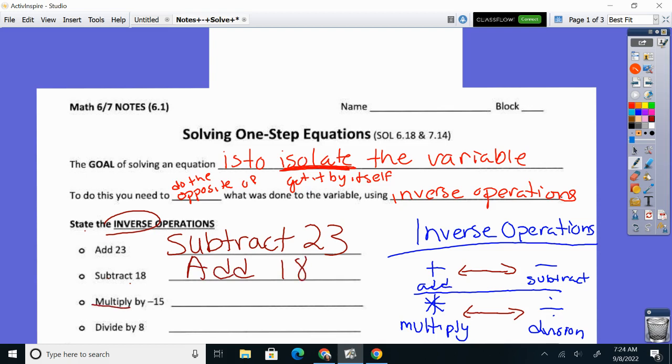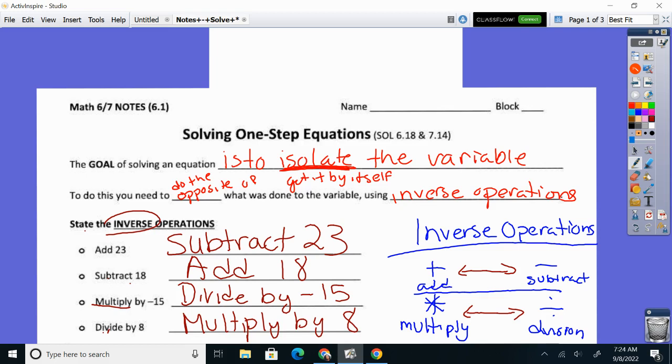The inverse of multiply by negative 15 is to divide by negative 15. Make sure you do not change the sign when you're multiplying or dividing. Okay? And inverse of dividing would be multiply by 8. Okay? That's simple.